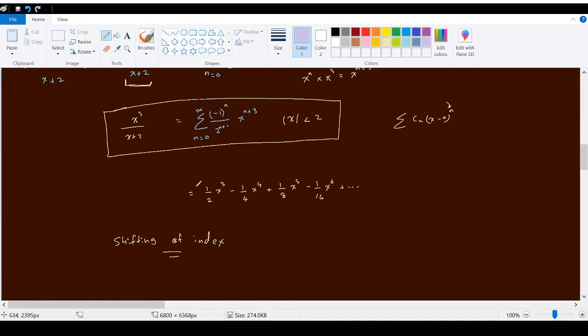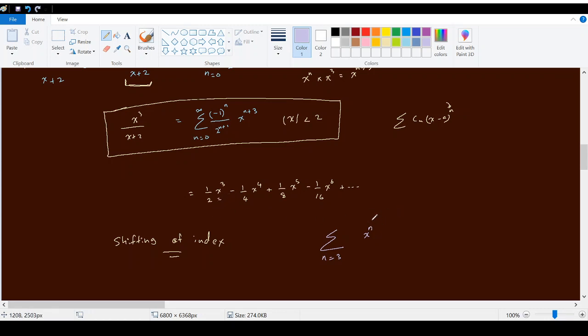Now since this is the expansion of the series notation, we can see that if we write a series representation and if we have x to the power n, then in order to get these terms as the result of the expansion of this series, we will have to start the indexing at 3, because then only you will get this one as the first term.